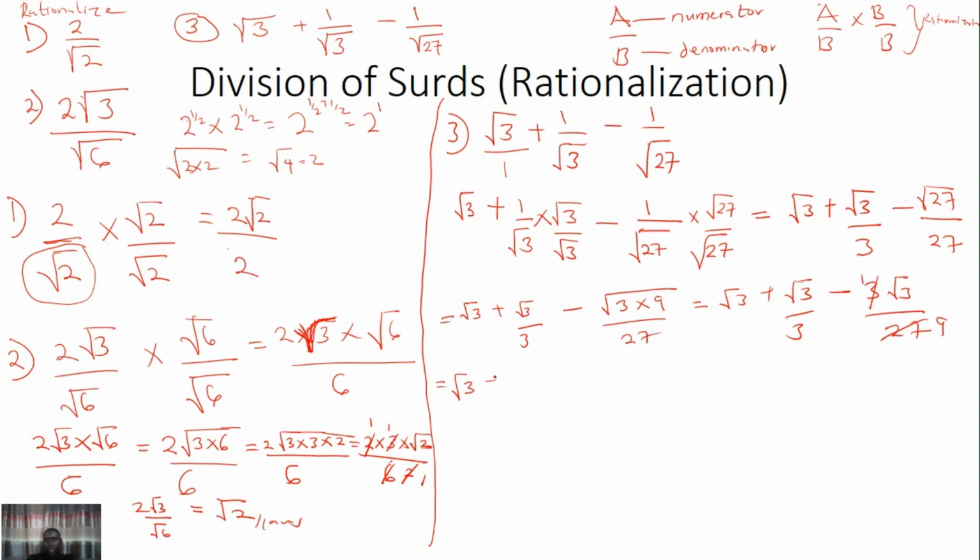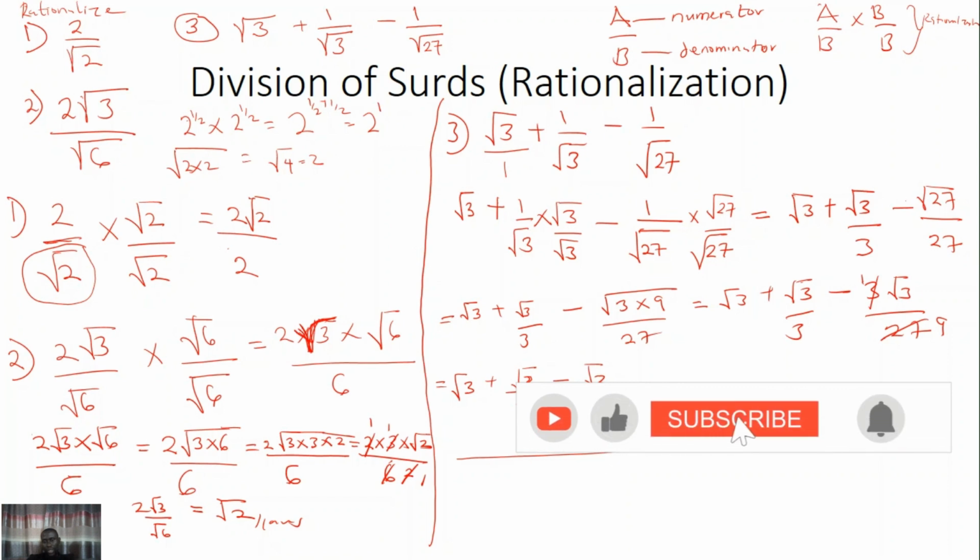root 3 plus root 3 all over 3 minus root 3 all over 9. Okay? If you find the LCM of this and add all of them together, the LCM is 9. Okay?